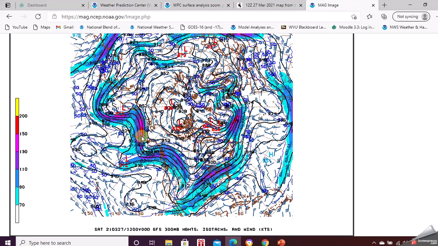Has winds, contours, and it's roughly at 300 millibars. So low pressure, which you would expect over the poles, wavy pattern, very wavy pattern. Wave here, wave here, wave here, here. Not much over the Atlantic right now. Another one over Greenland, maybe coming into there. Several on the other side of the world.